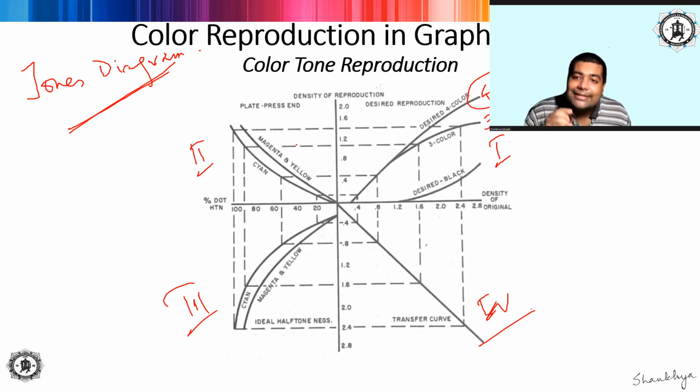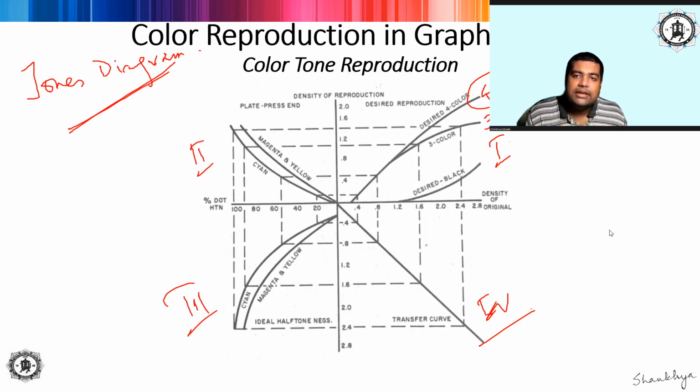Now you are trying to estimate for what tone reproduction curves in the negatives and the plate you are supposed to get this type of tone reproduction curve when you ultimately print using those negatives and those plates. Is it understood? So we will analyze all 4 quadrants, and then try to understand what each quadrant basically means. Okay.